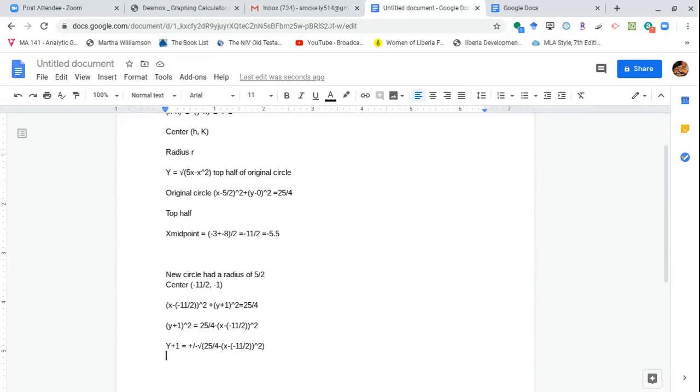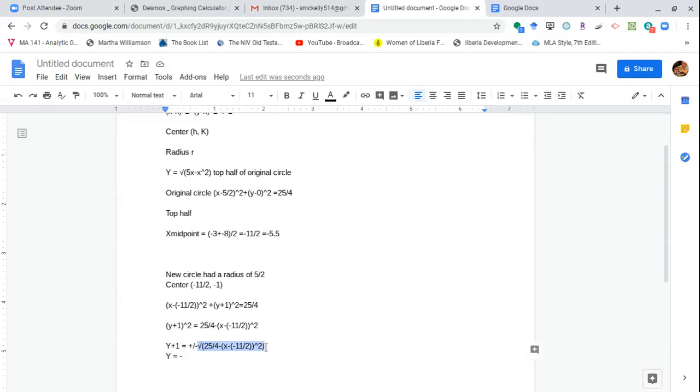I subtracted it from the center instead of from the whole piece. So now to solve for y, I want the bottom half of the circle, right? So I'm going to say y equals, and I'm going to use the negative this time, just the negative of the square root.